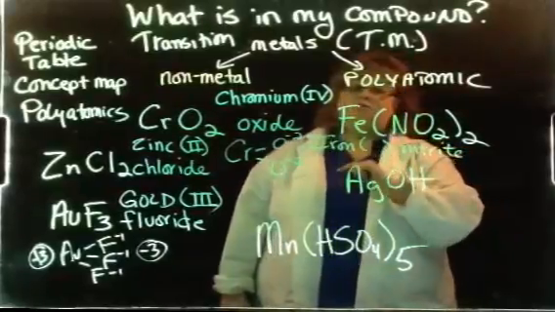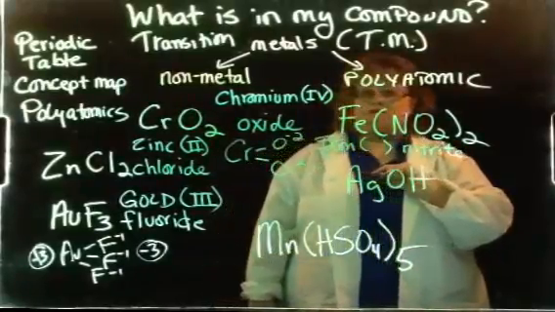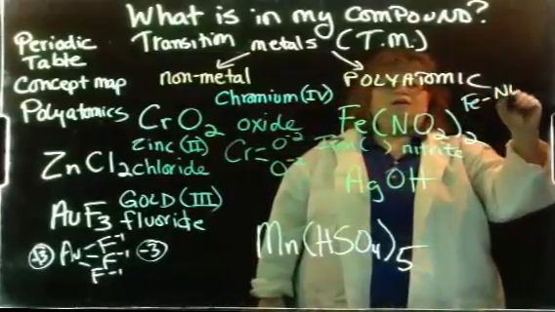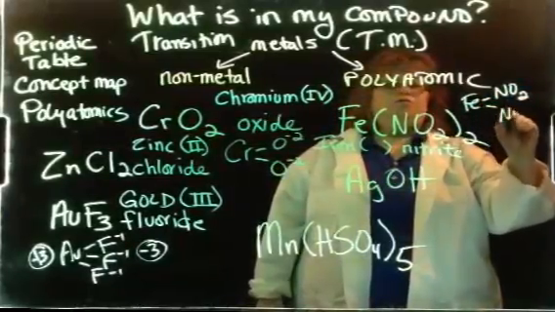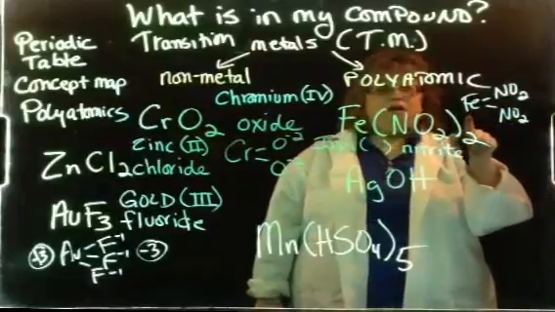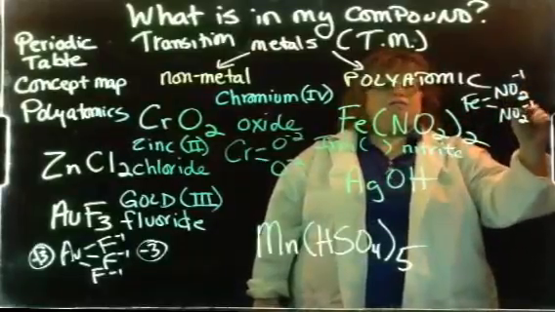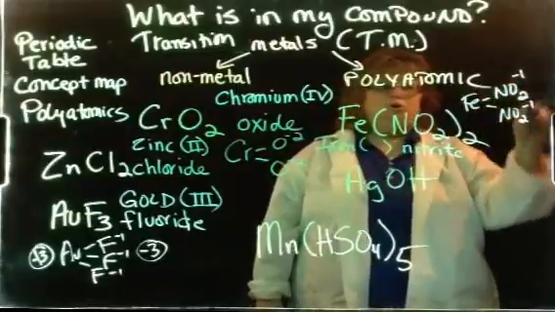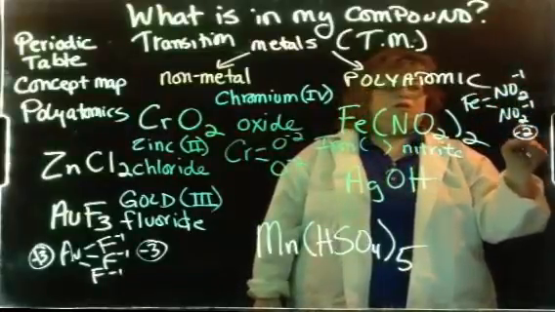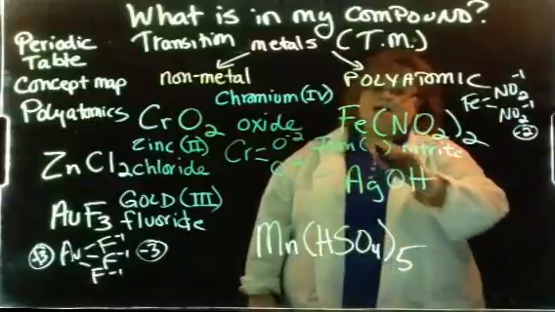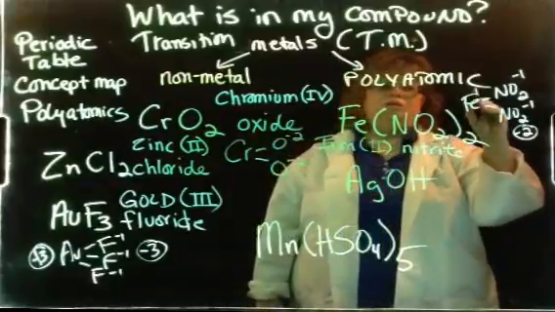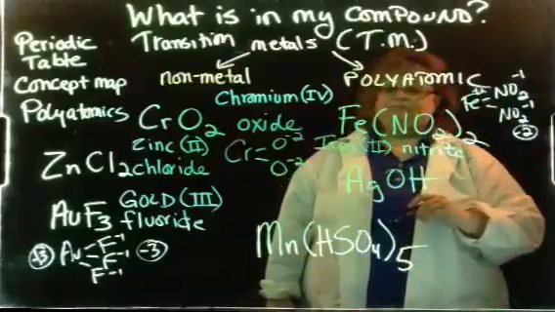All right, I have to go back in and calculate what that charge is on iron. You're still drawing the compound. I have 2 nitrites attached to iron. I have to memorize that the nitrite polyatomic has a -1 charge. So a total of a -2 charge, which means iron has to be 2. That's what charge it's going to be in this compound, a +2.